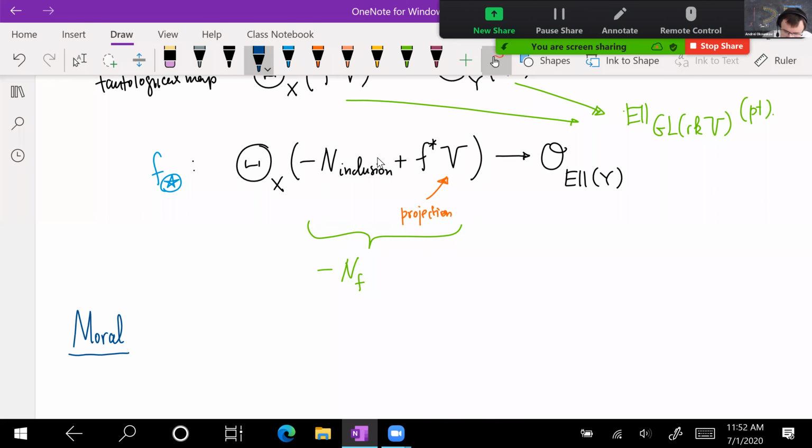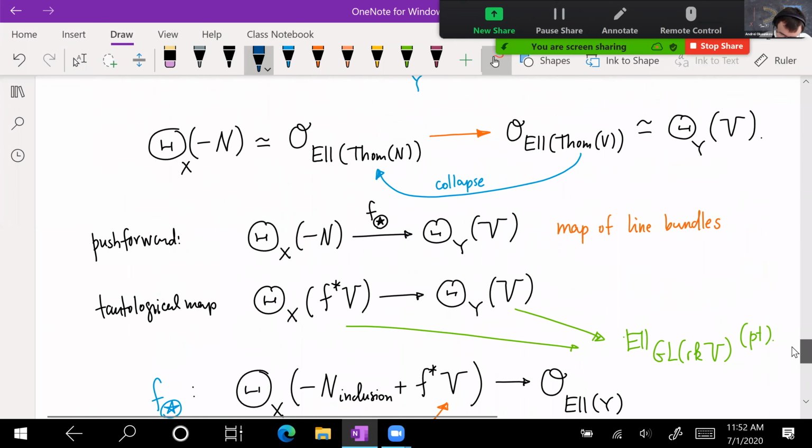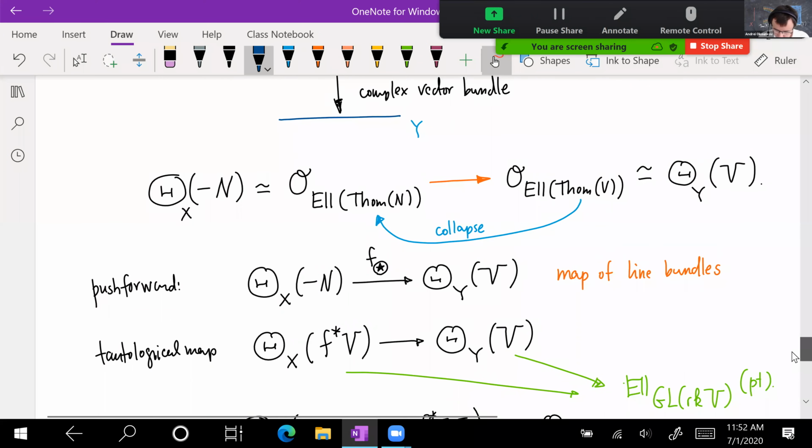And so maybe a moral from the definition is that now in this push forward, the inclusion and projection come with opposite signs. Right? I don't know if I emphasized this or not, but when we define these theta bundles, we used it here.